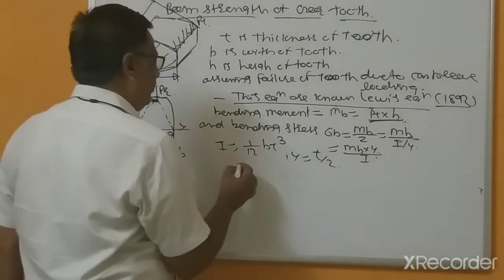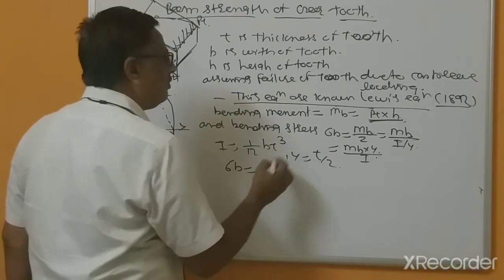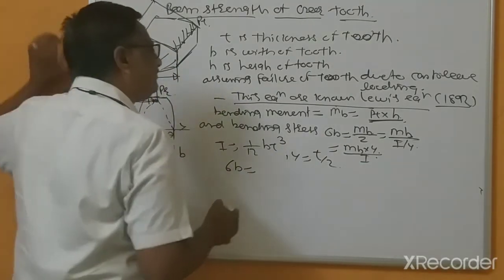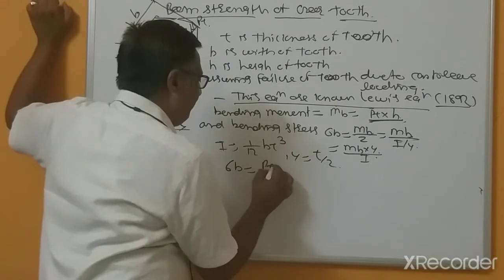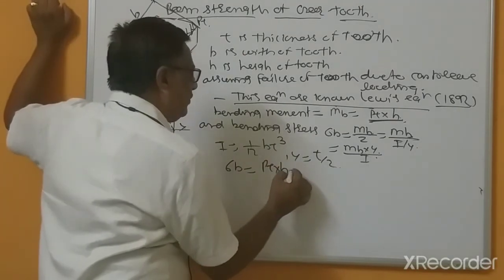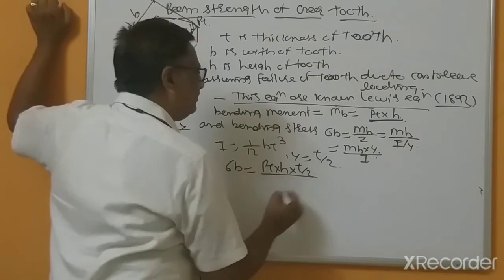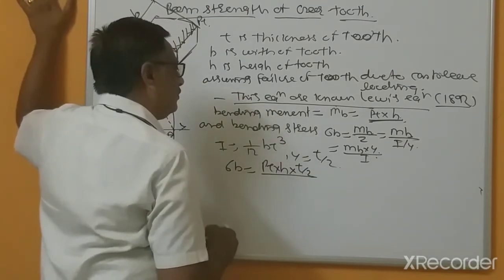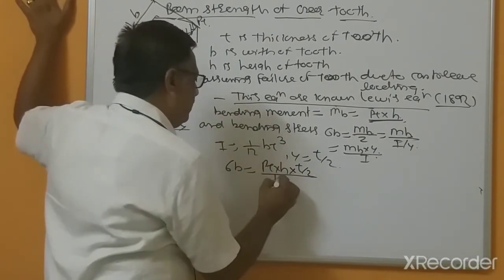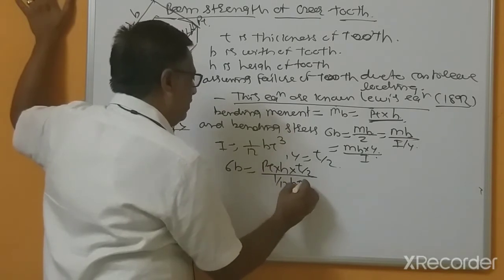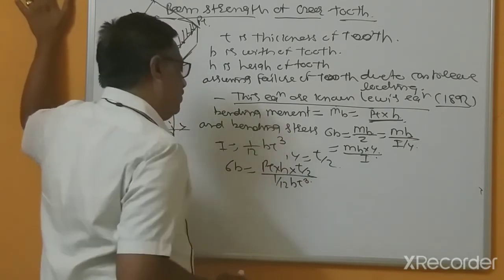So the bending stress equation, putting PT into h multiplied by t divided by 2, divided by 1/12 b t cubed.